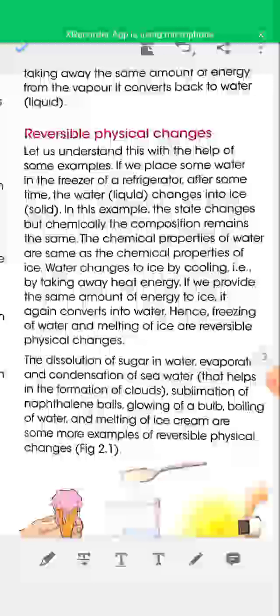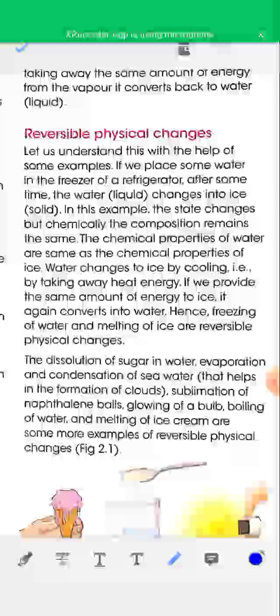Reversible physical changes are those physical changes which can be reversed by changing the external conditions. For example, if we place some water in the freezer of a refrigerator, after some time we will see that the liquid water changes into ice.